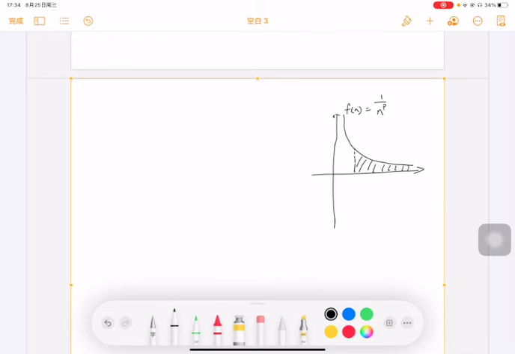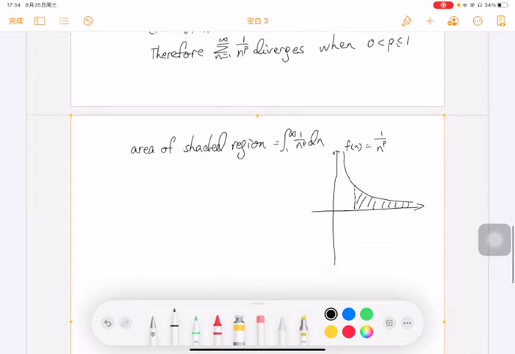So let me just repeat this. Area of shaded region equals the integral from 1 to infinity of 1 over n to the p dn. Okay, now let's remove the first rectangle and look at these rectangles instead.